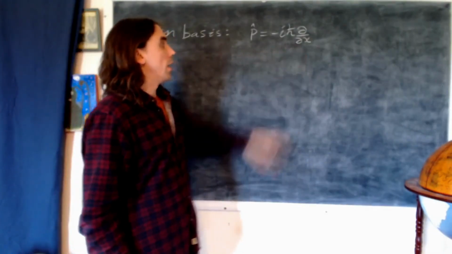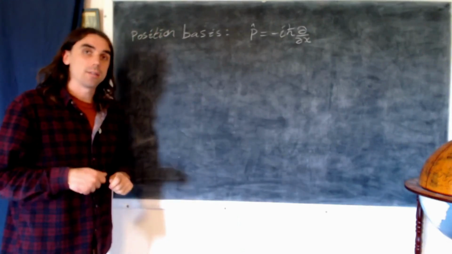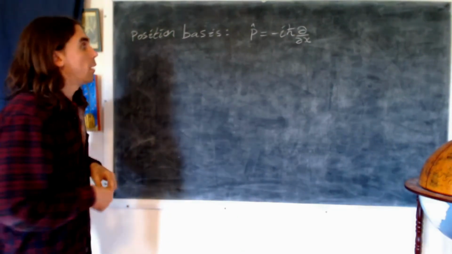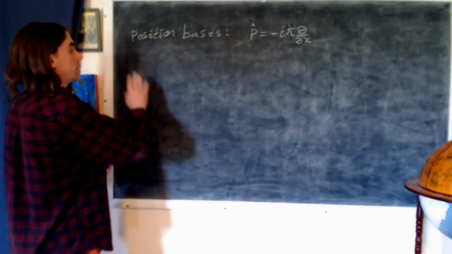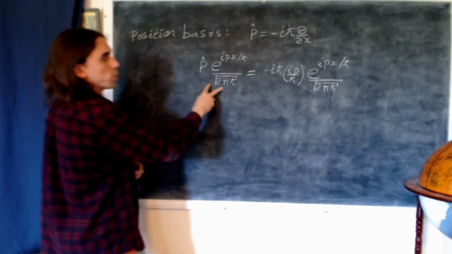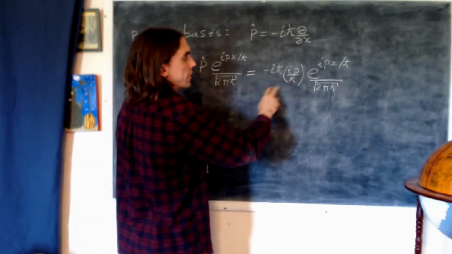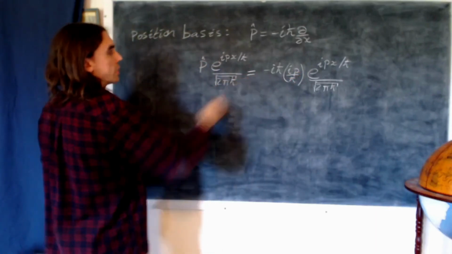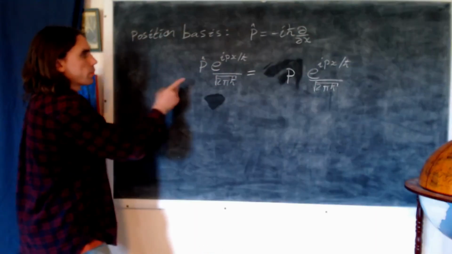And the claim is that the plane waves are the eigenstates of this operator. We can check that straightforwardly by substituting. We insert the plane wave form from the previous board, insert the form of the operator, and it brings down an ip over h bar. And so we see that we have the following result.